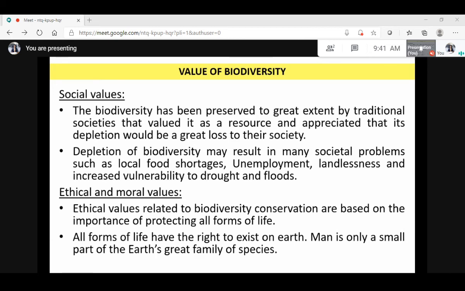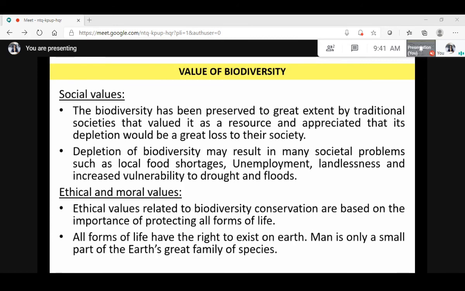The biodiversity provides ecological services such as regulation of climate, water purification, flood control, and control of human diseases. And they also provide supporting services such as biomass production, production of atmospheric oxygen, and soil formation.